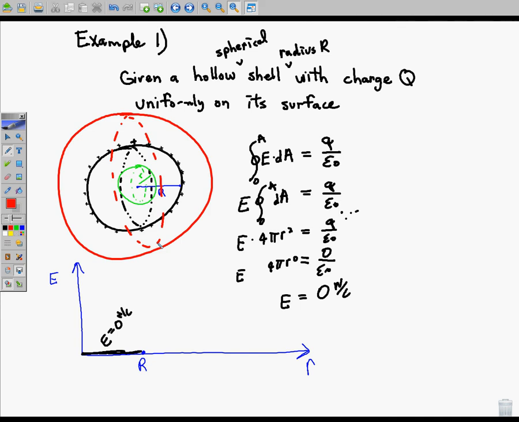So the flux, which is the integral of E dA, is equal to the charge inside over epsilon 0. But again, due to symmetry, we know that the electric field is going to have the same strength all throughout. So we can pull out that E once again.